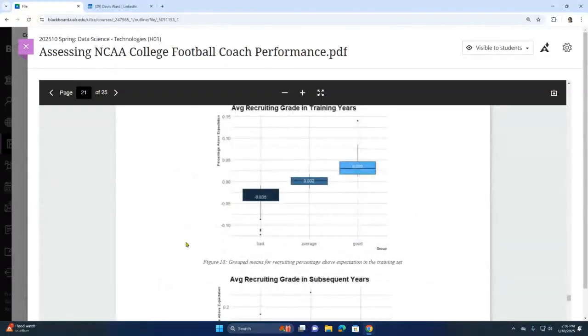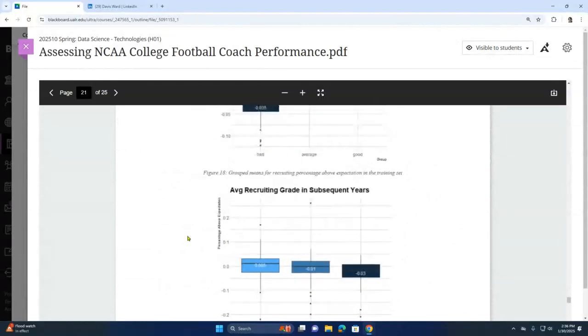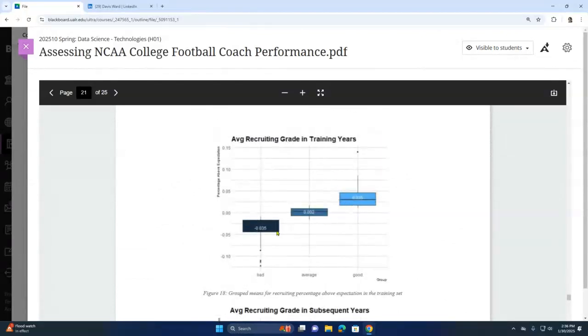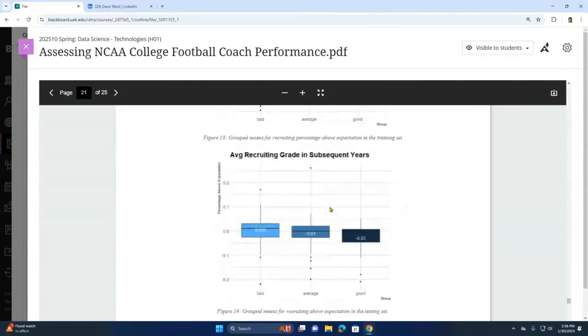This is the one case where, when he looked at past history, he had his groups: who were the tops in having great recruiting scores, who were in the middle, and who was in the bad. And then he said, well, okay, that was based on their past seasons. When I look at their most recent seasons, what happens to good, bad, and in the middle?